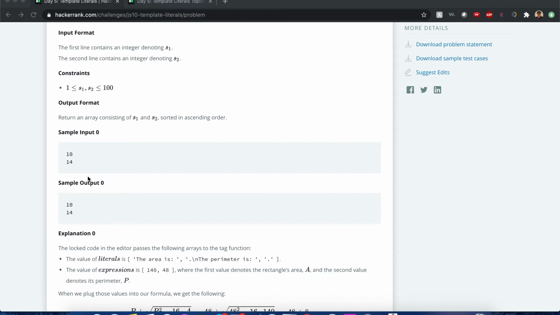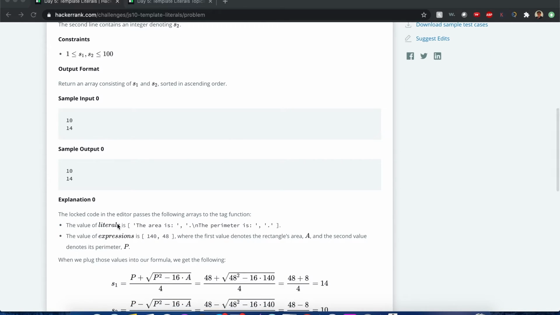I'll confess to you, I looked at this problem ahead of time, and I don't like the way it was framed. You might be asking, what the heck are literals, and how do they apply to this problem? And all I have to say is, they don't apply to this problem. I don't know how these literals are applied in the way I solved it. I'll tell you what literals are, though.